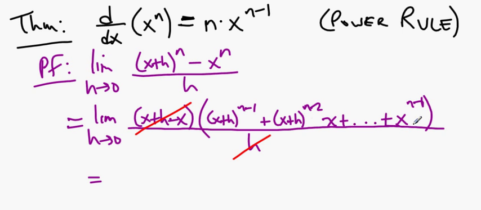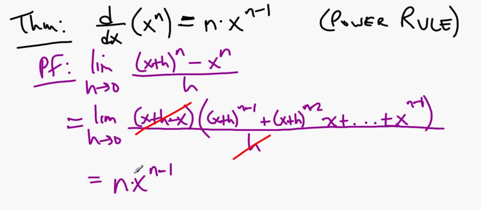And that's x to the n minus 1. And all of these become x to the n minus 1. So we get x to the n minus 1, but how many times? 1, 2, 3, n of them. And that's a nice proof that the derivative of x to the n is nx to the n minus 1.